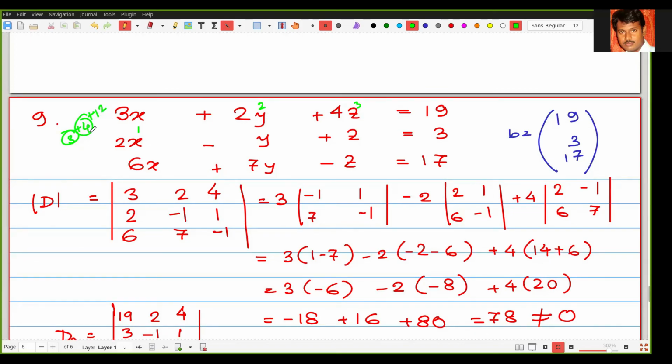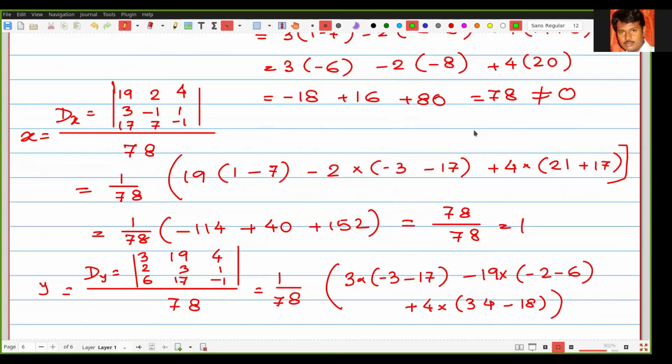So 12 plus 4, 16 plus 3, that is 19. Same as another check, if x is equal to 1, so that one is becoming 2, then -2, then plus z, that is 3, or the value is 3. So the values of x, y, z are 1, 2, and 3 respectively.